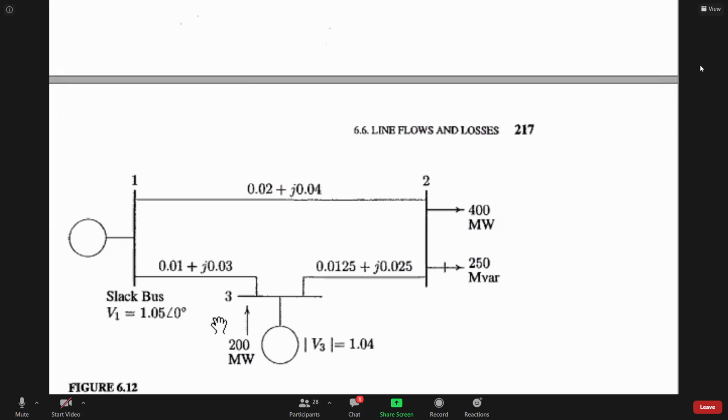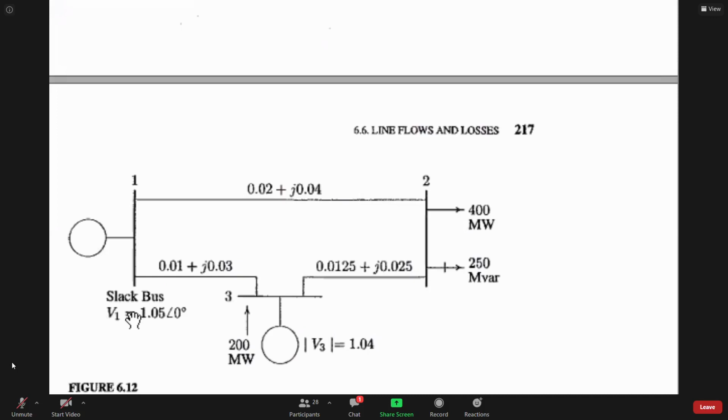And the other part is, for a system, you need to have some reference. The reference will be bus 1, but for bus 3, the value of power, or the real and reactive component, can vary. Okay, well, for slack bus power, you have the reference bus information on that value.